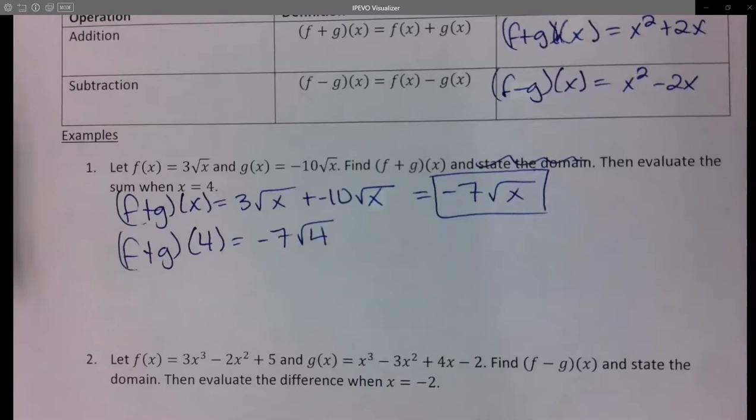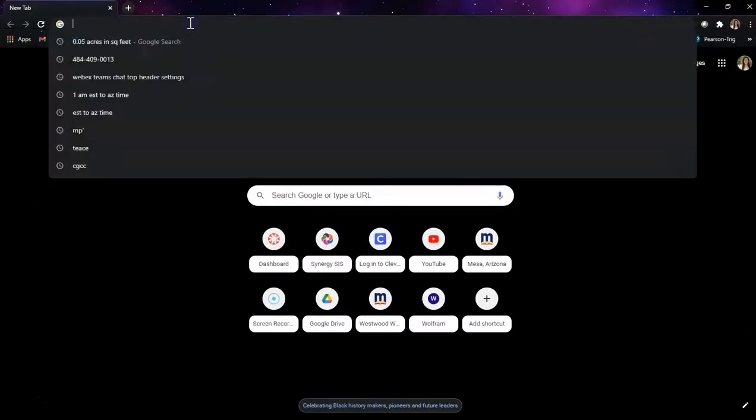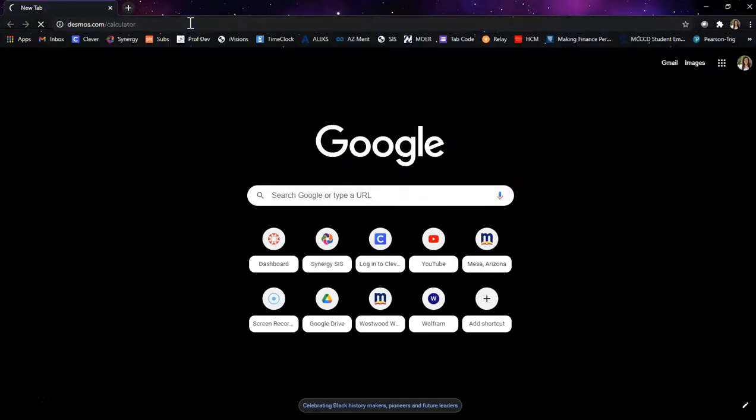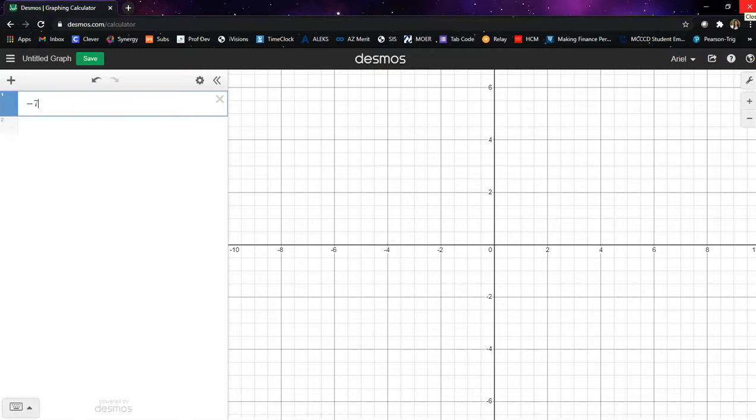Okay, so now I can go ahead and go to Desmos, and I can type this in, so I have negative 7 times the square root of 4, which gives me negative 14.